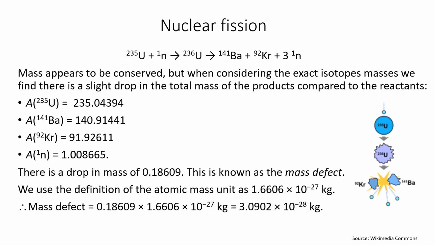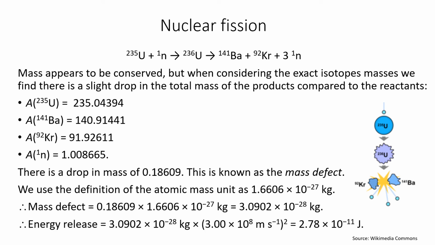Then we multiply that by the speed of light squared, and there you are. We get a disappointingly small-looking number, 10 to the power minus 11 joules, just when I was saying these energies were astronomical.